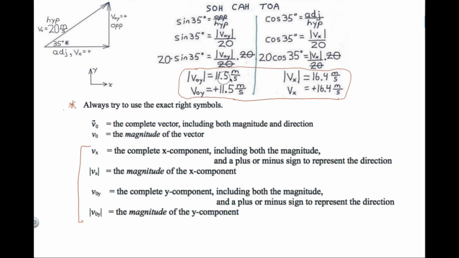In this line, I wrote the component symbols inside absolute value symbols to indicate that this line represents the magnitudes of the components. On the other hand, in this line, I wrote the component symbols without absolute value signs to indicate that this line represents the complete components, including both the magnitudes and, in this case, plus signs to indicate the directions of the components.